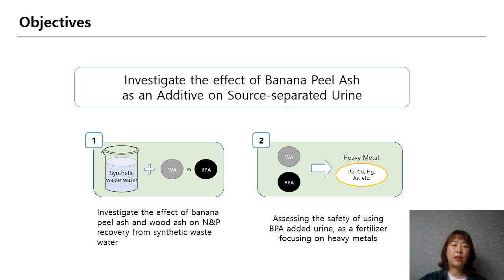A further explanation of synthetic wastewater, I will explain on the next page. And secondly, we assess the safety of using BPA-added urine as a fertilizer, focusing on heavy metals. I will discuss them in detail one by one.